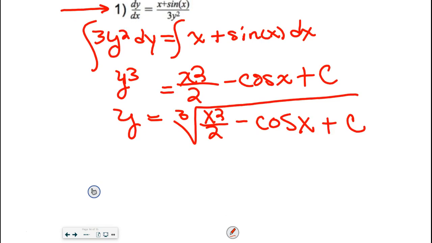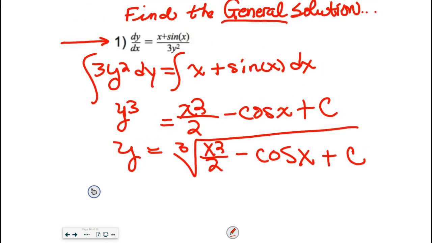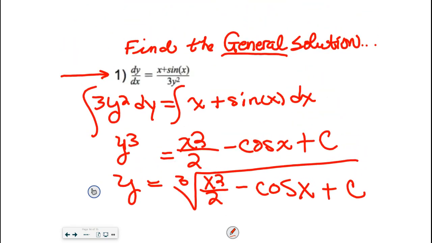So how is it going to change today? That word general is going to be replaced with the word particular, and they're going to tell you a point that your particular solution needs to sail through. So I'm going to think of one here.